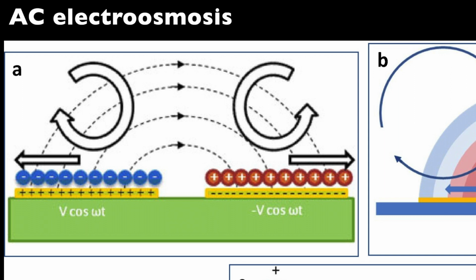So the bulk of the electrolyte is dragged to flow once the slip motion is generated near the walls. This phenomenon is called electroosmosis, which is based on the formation of electric double layer.